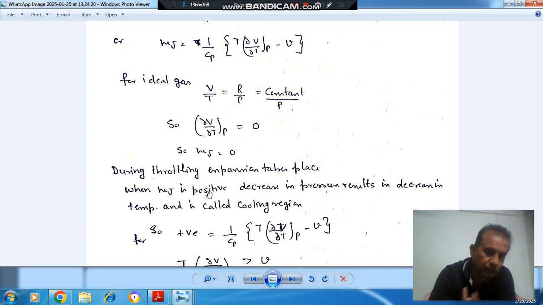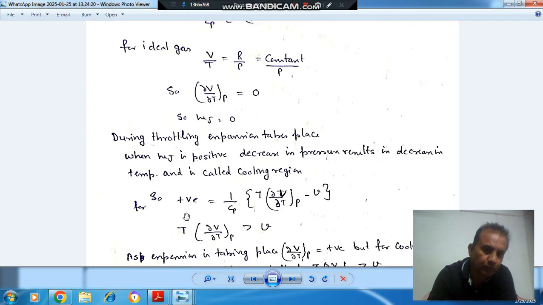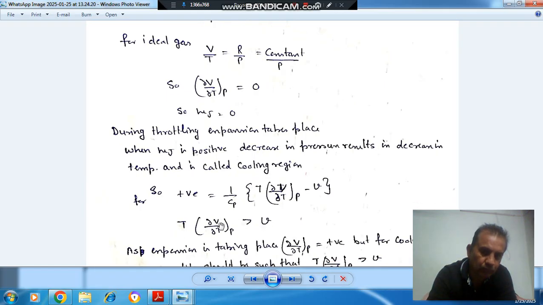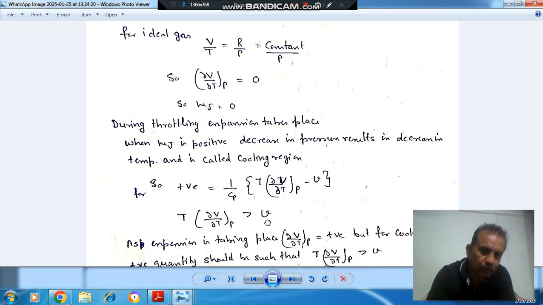In the expansion process the pressure decreases, and with the decrease in pressure the temperature decreases, because μJ is positive. For positive μJ, this factor T(∂V/∂T) is more than the specific volume. As expansion takes place, the volume increases, so ∂V/∂T is positive.